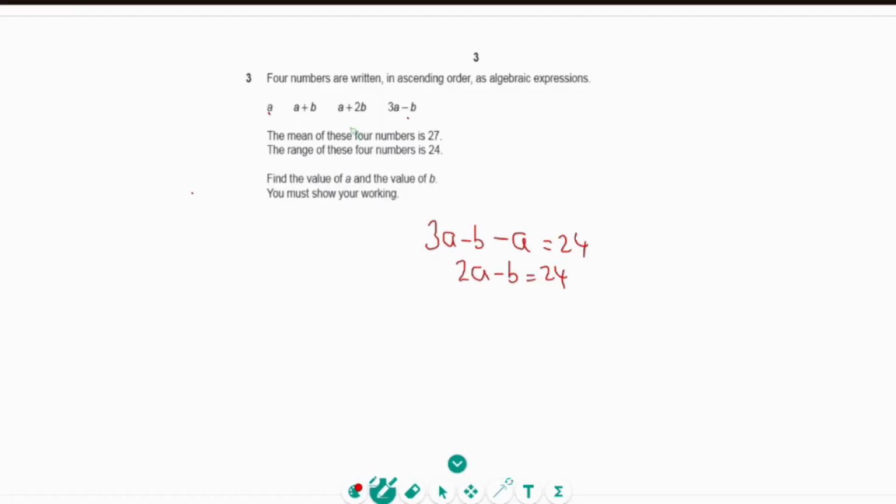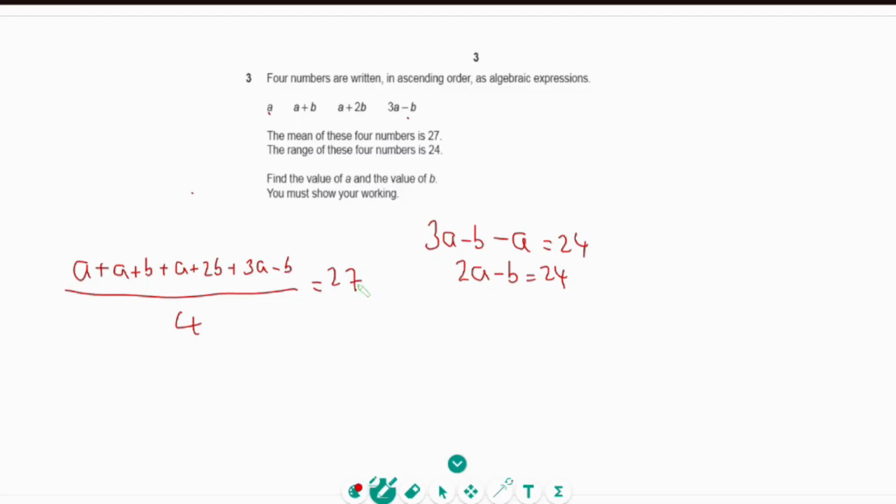I also know the mean of these 4 numbers is 27. So if I add them together and divide them by 4, we get an answer of 27.